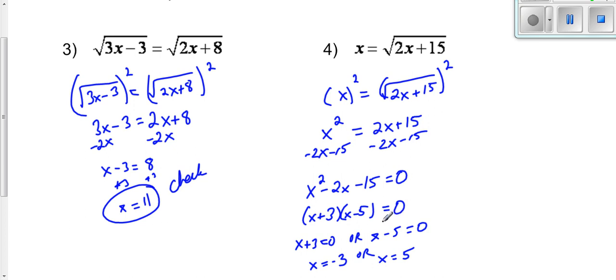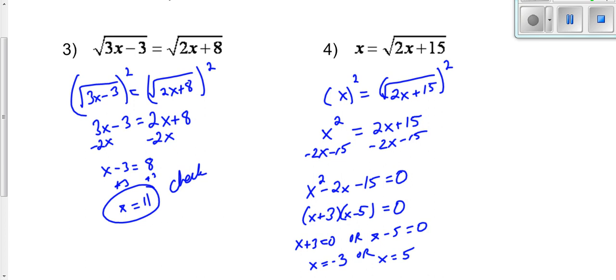You're right, we need to do the check. So we'll start with the 5. Does 5 really equal the square root of 2 times 5 is 10 plus 15? 10 plus 15 is 25, square root of 25 is 5. Yes.